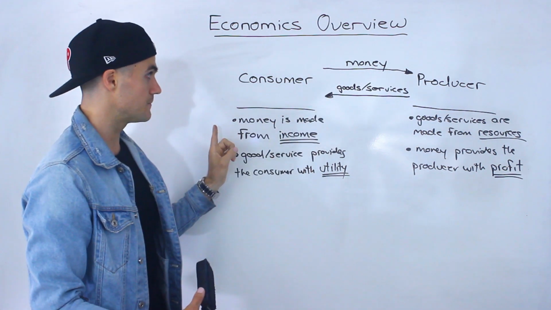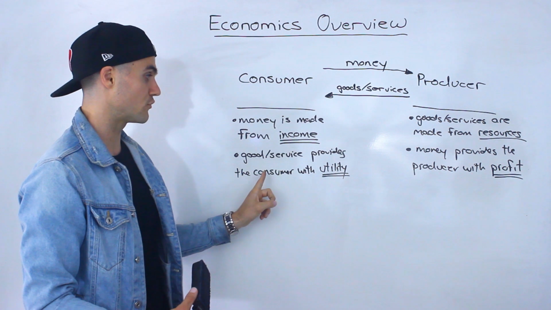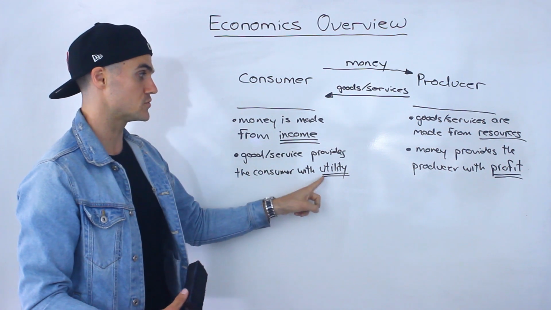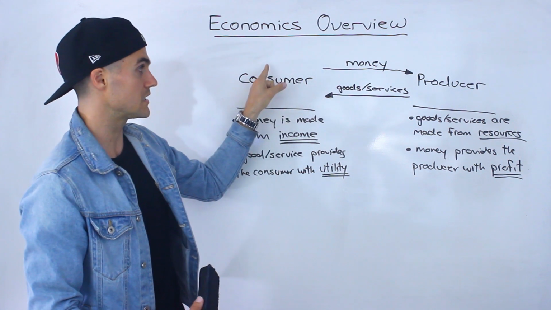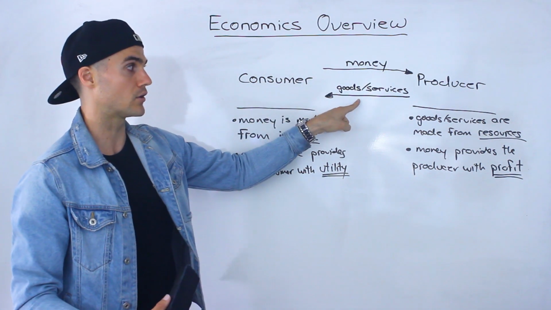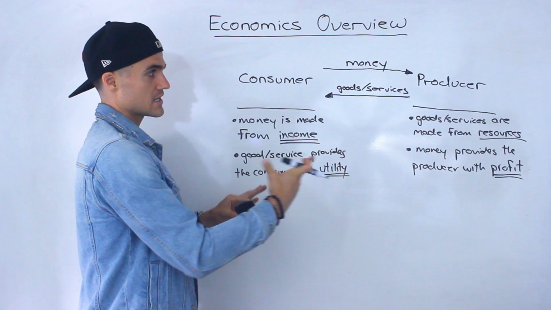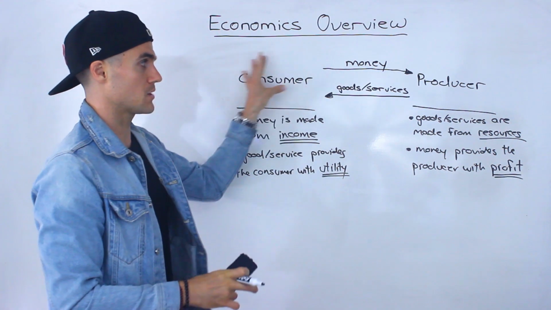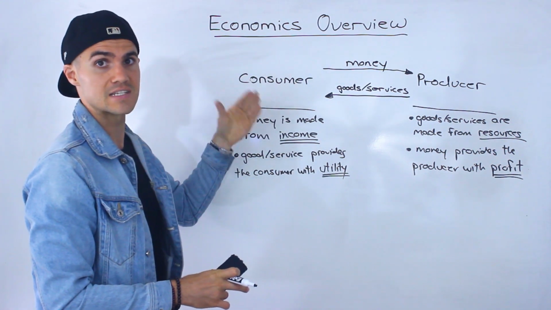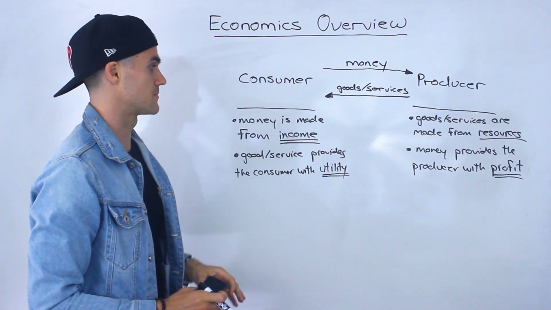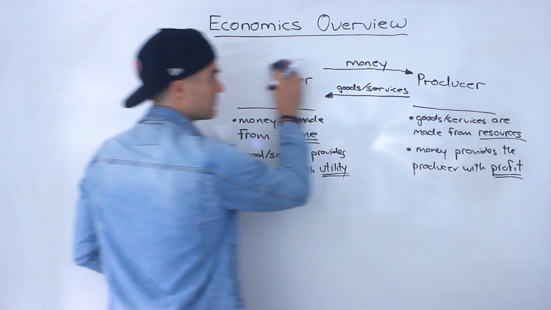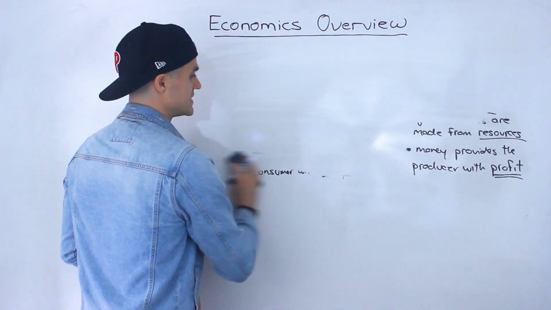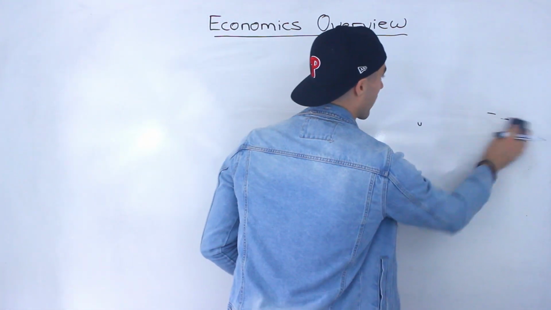Or on the other side, if a good or service doesn't provide the consumer with utility, this transaction can also stop because the consumer will no longer buy that good or service. So two different reasons why this transaction could cease to exist.